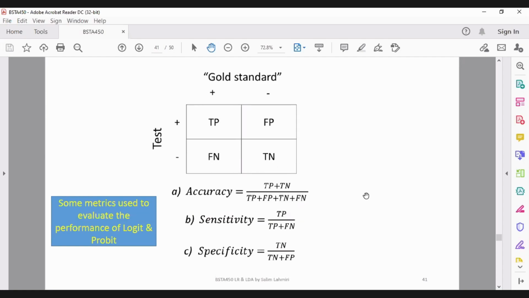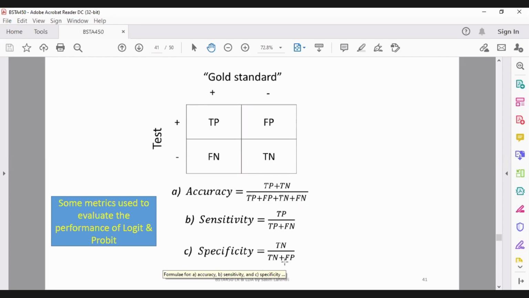You can also calculate sensitivity and specificity. Sensitivity is the ability of logistic regression to correctly classify true positives. And specificity is the ability of the logistic regression to correctly classify true negatives.